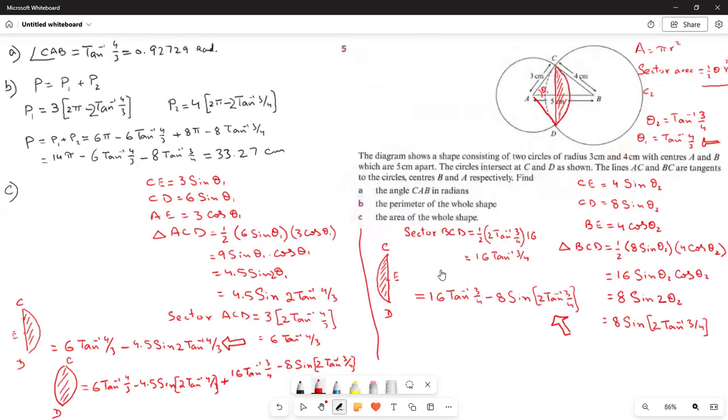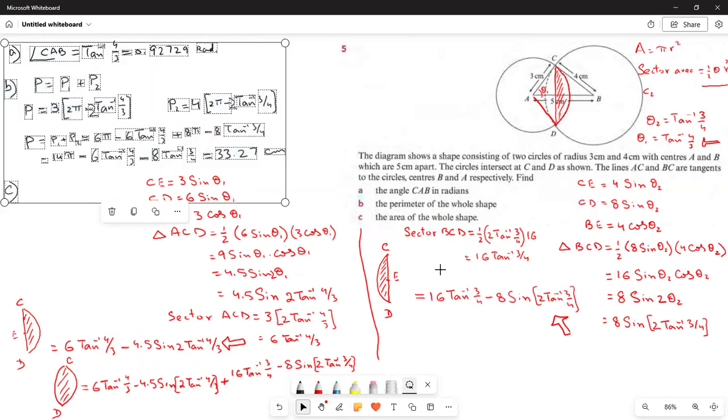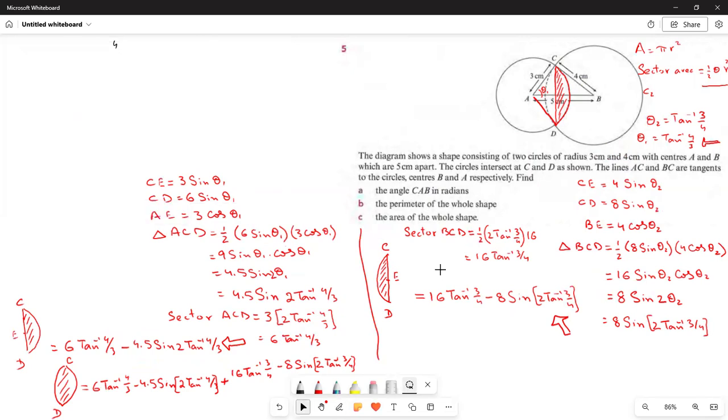I will erase this part. Now let me do things in another color so that we can differentiate.